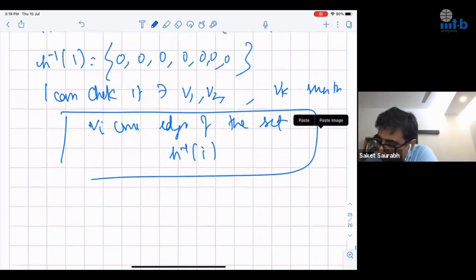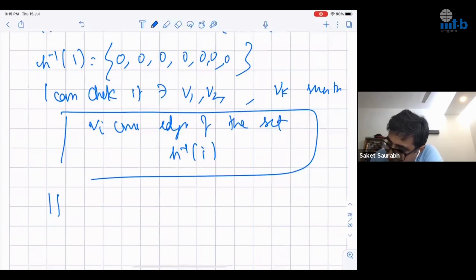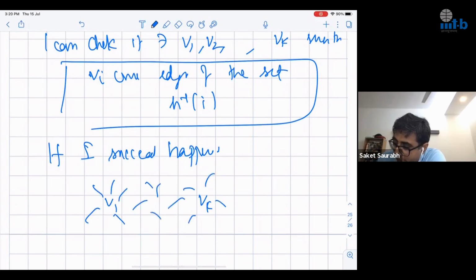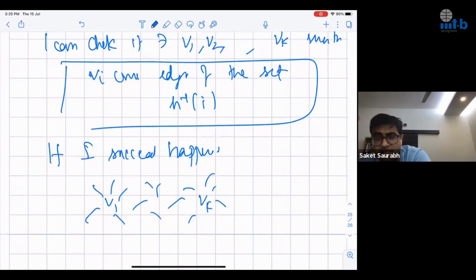Okay. If I succeed, what happens? Then actually we have found k vertices, right? That they are covering some edges, and number of edges that they are able to cover is at least the number of colorful edges, right?